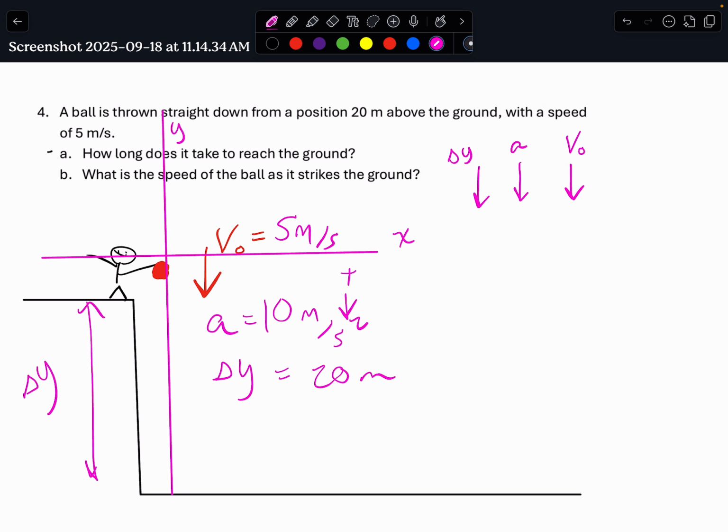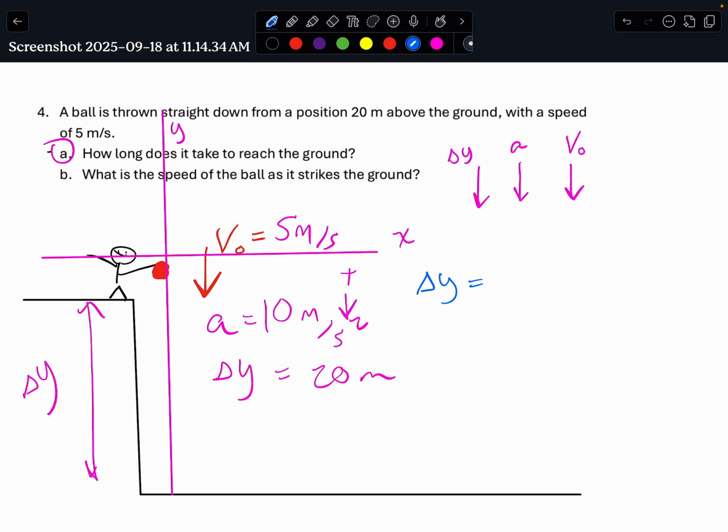Okay, so we want to know how long it takes to reach the ground. That's time. Here's one way you could get time. If you look at your handy-dandy little list of equations, there are 4 of them, maybe 5, but definitely this is one of them.